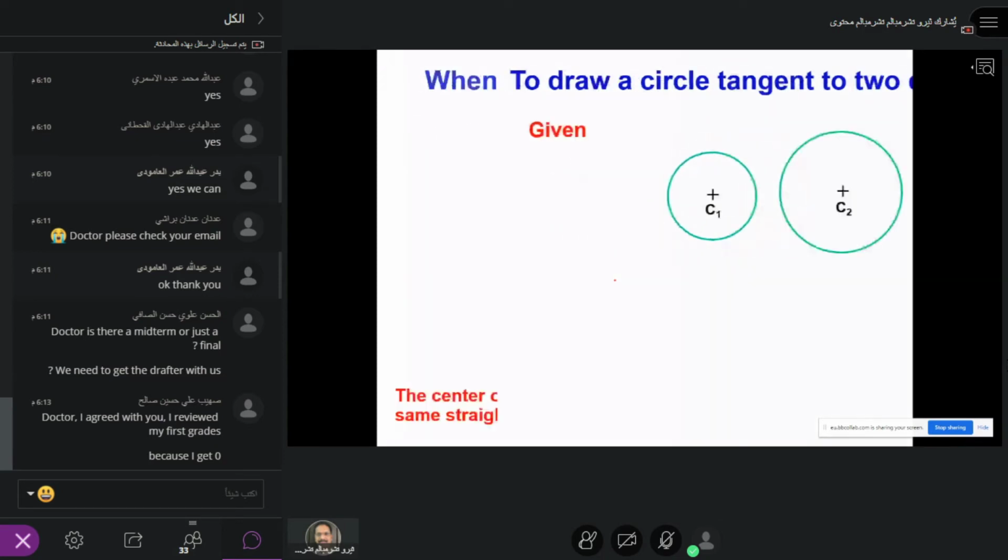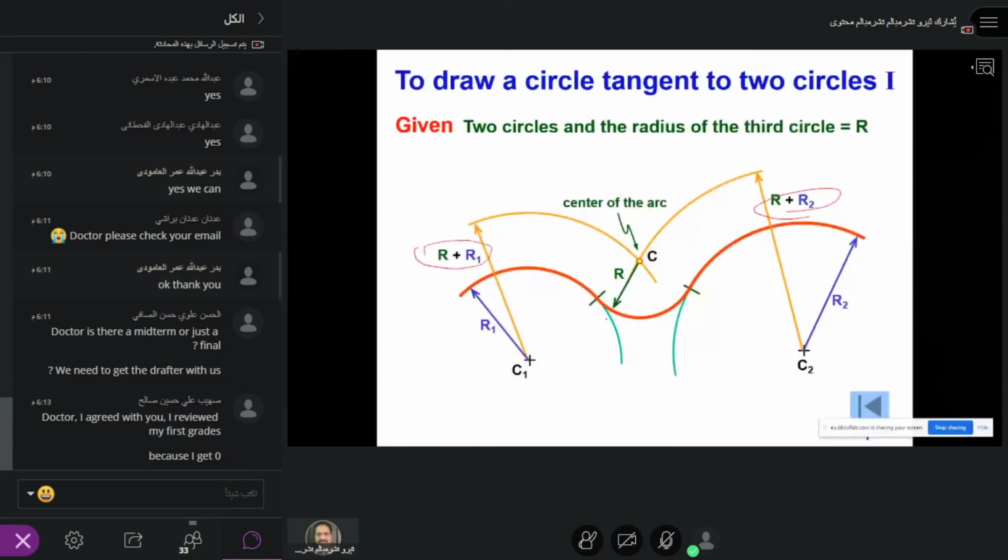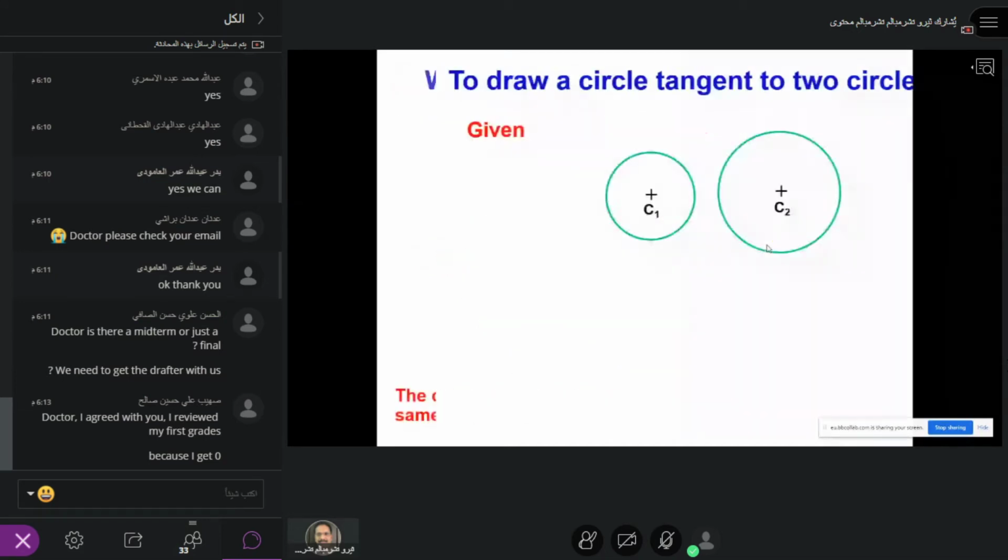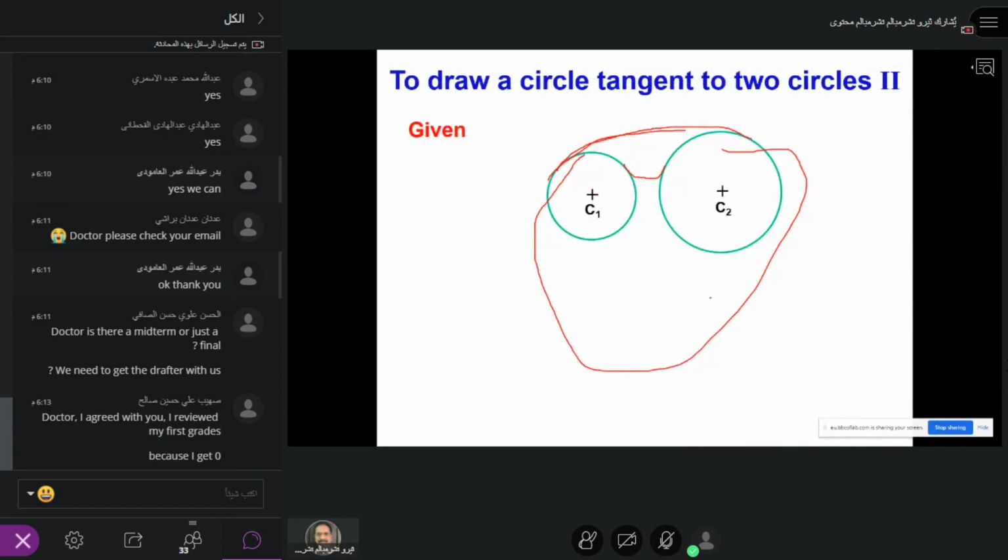In the previous case, it is outside, so that's why you add it. But now this is going to be inside. You understand? So once R is given, this is going to be like this. Clear? This is what we are going to do.